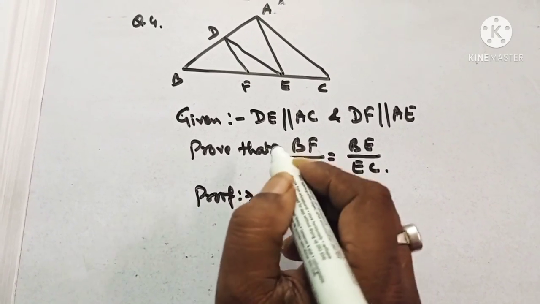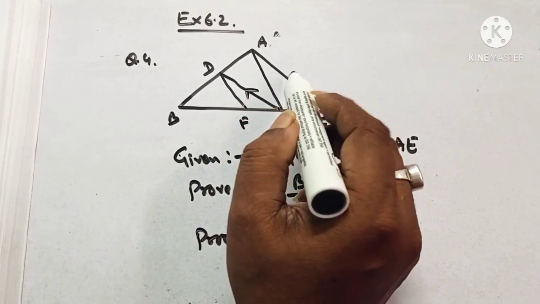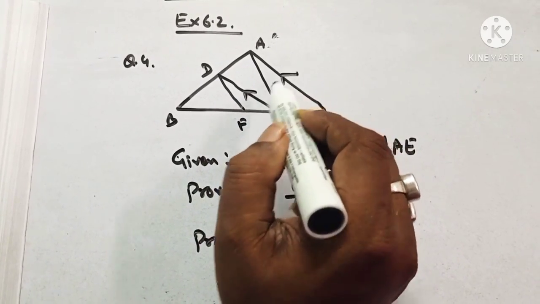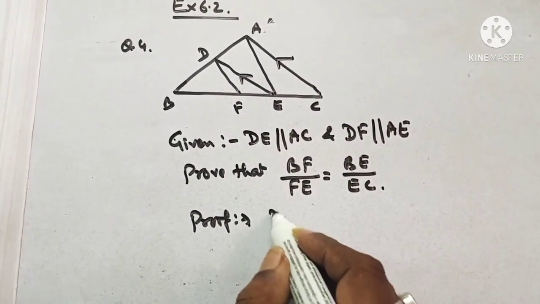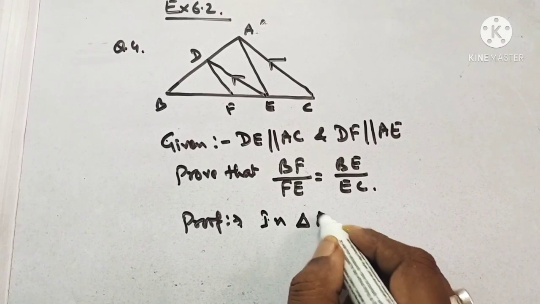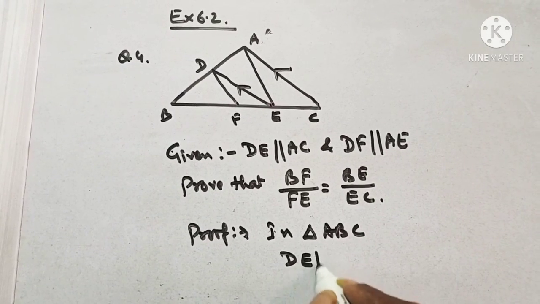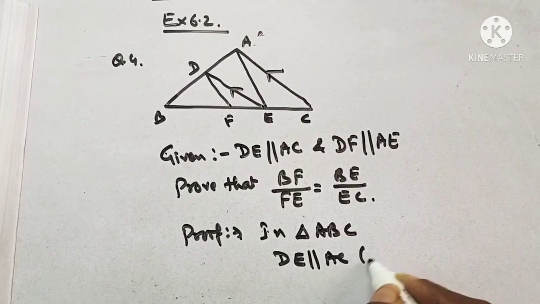First of all, I am going to select this DE parallel to AC. Therefore, in triangle ABC, your DE is parallel to AC. It is given.